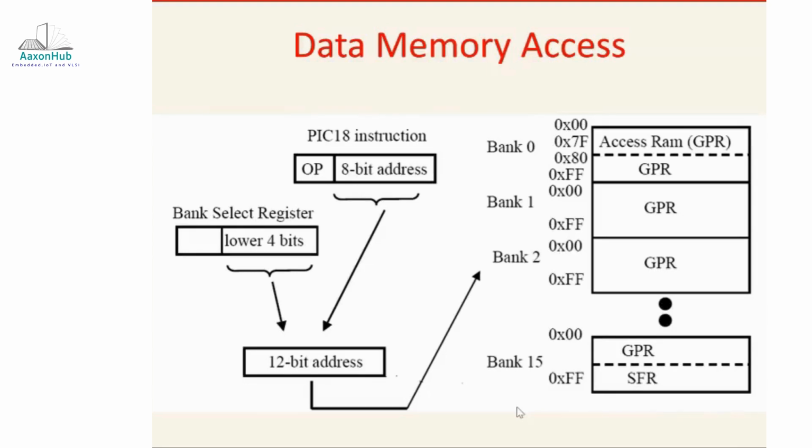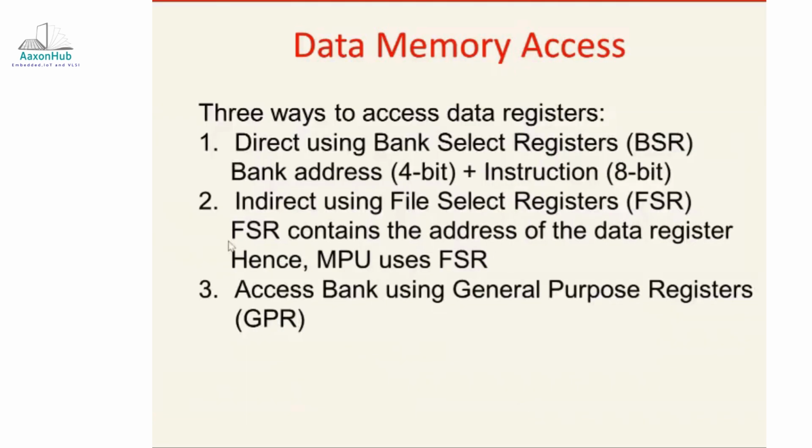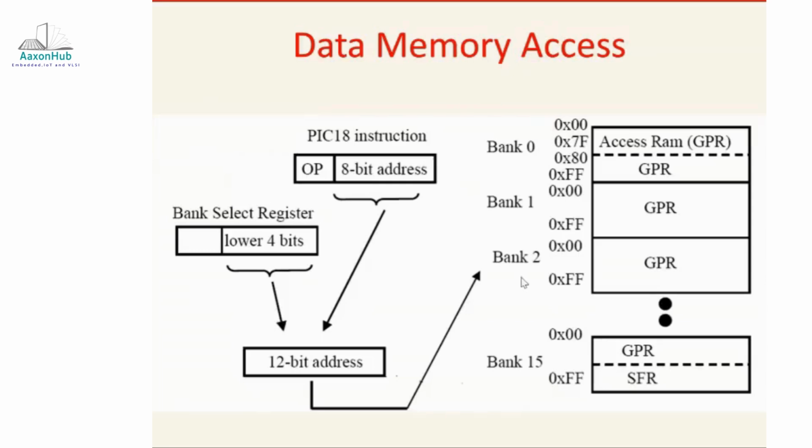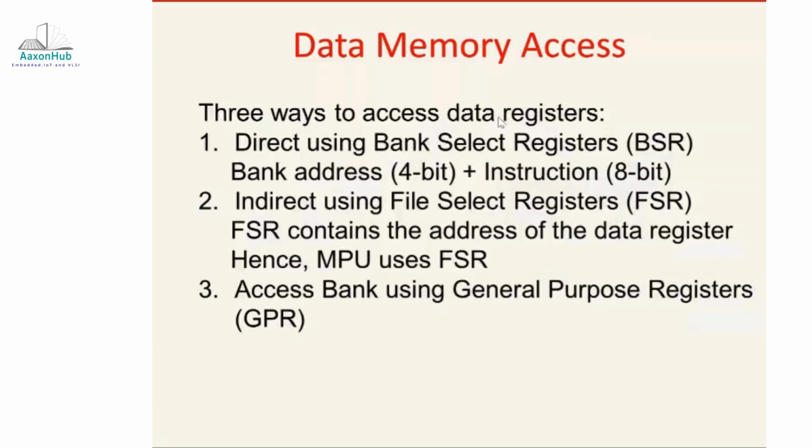Another way, you can take the help of your file select register. Using that, you can say that this is the indirect address for that memory location and take out data. That's why it is referred to as indirect, because here the address is being routed through your file select register.